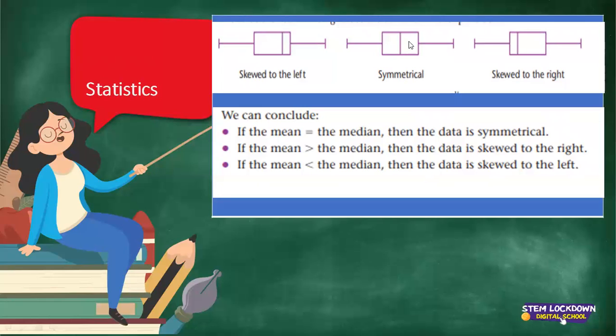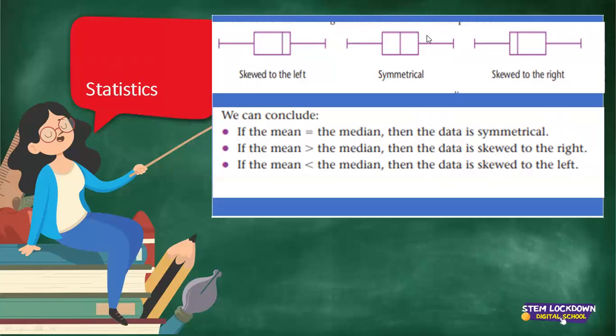Remember, to get to the box and whisker diagram, you need your five number summaries. What are the five number summaries? The maximum value, the upper quartile, the middle quartile also referred to as the median, the lower quartile, and lastly the minimum.